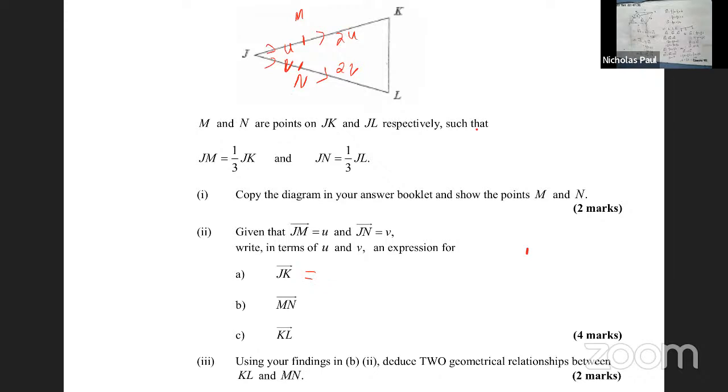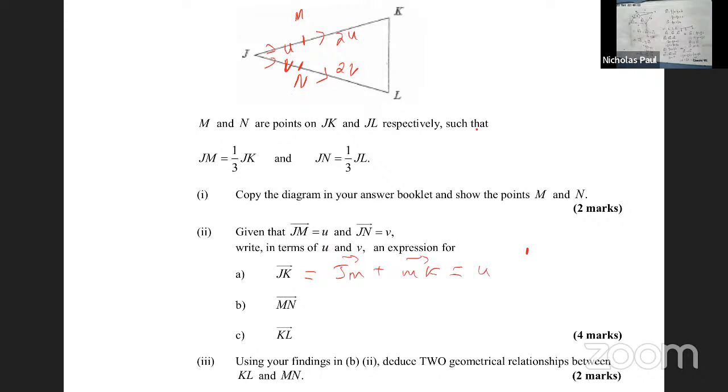Easier or not? J to L, but we don't know KL. What's the next way? JK is what? You see it there? JM, and that's why it says second time. So JK is JM plus MK.